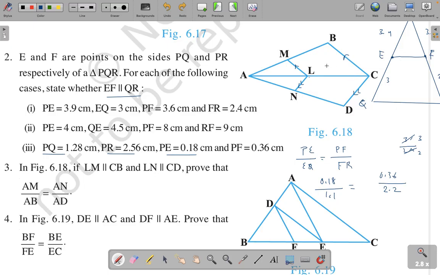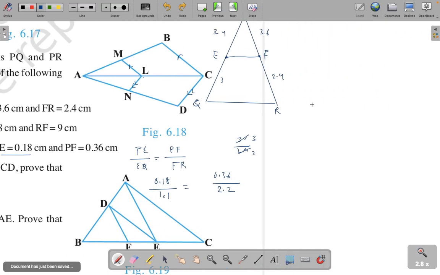In this triangle, you have LM parallel to BC. So you can already write AM upon MB should be equal to AL upon LC. And from the second triangle, what can you say? AN upon ND is equal to AL upon LC.